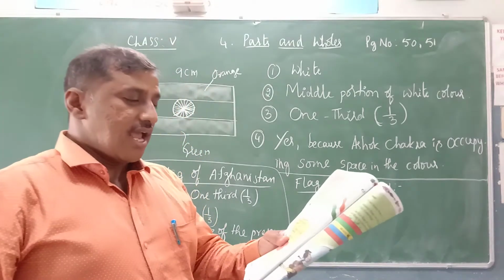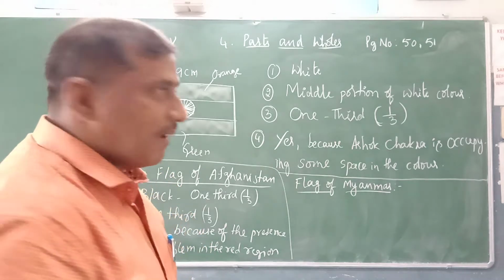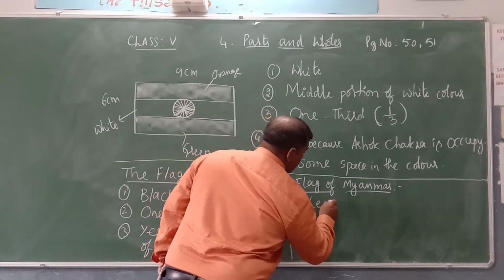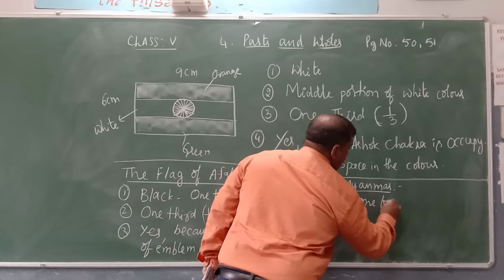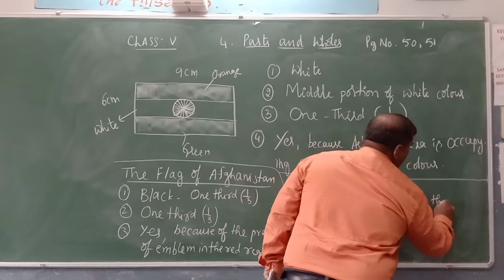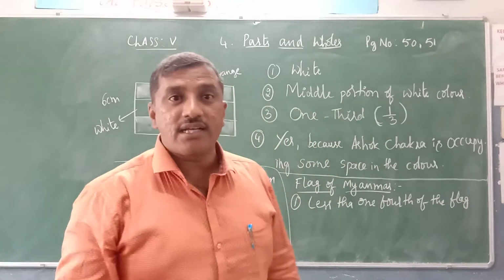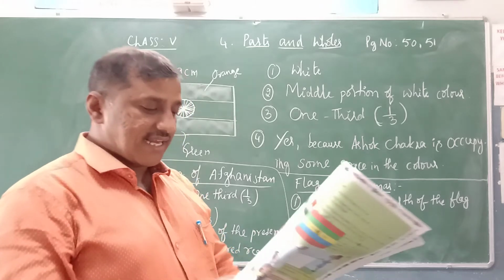Now the question: is blue more than 1/4 of the flag or less? Yes, it is less than 1/4 of the flag. Can you guess why? Yes, because of again the presence of an emblem in the blue region.